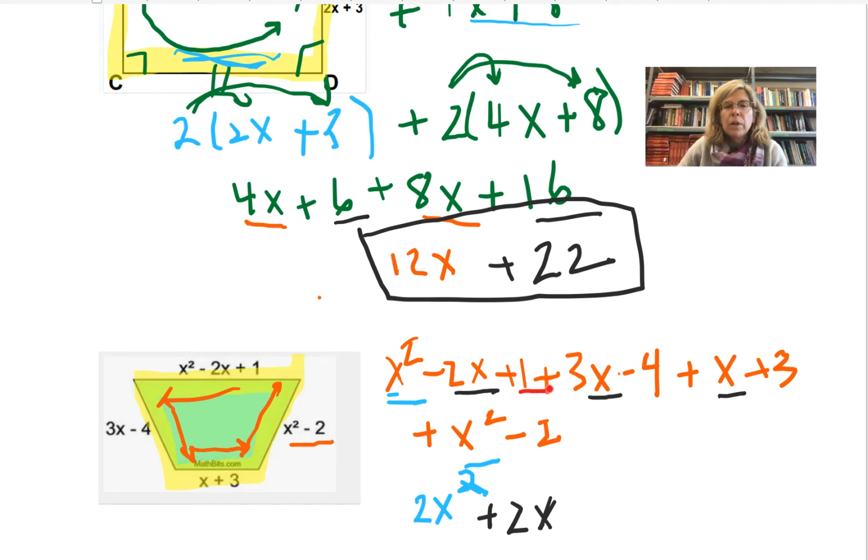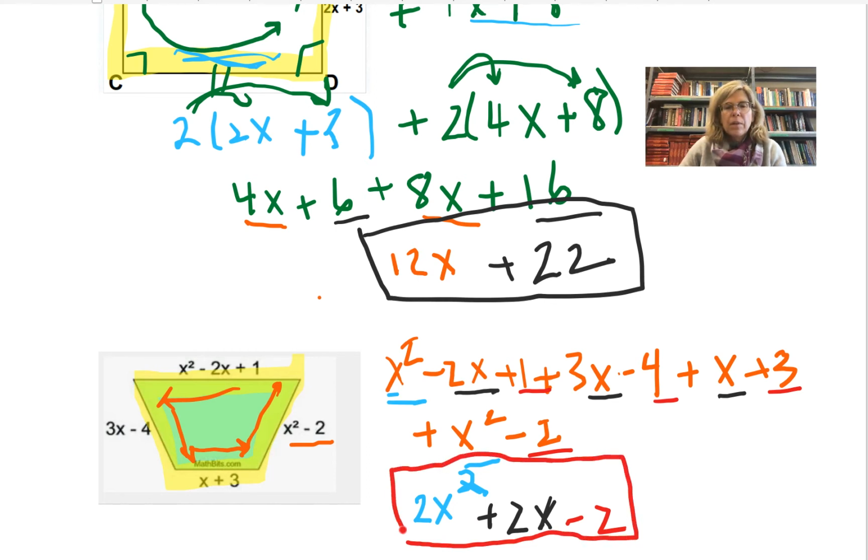I have 1 and minus 4, so that's minus 3, plus 3 is 0, minus 2 is minus 2. So the final answer is 2x squared plus 2x minus 2. That is the perimeter, the length around this figure.